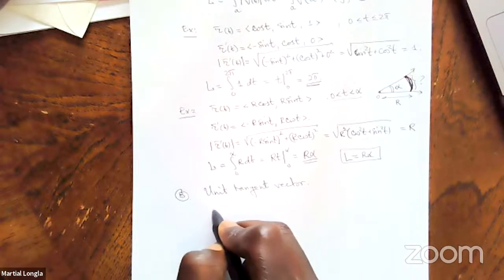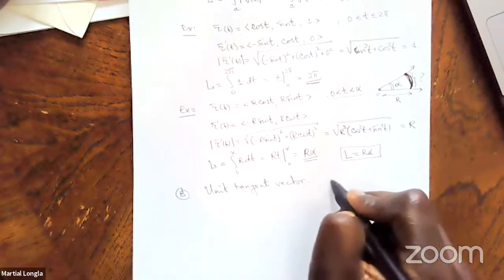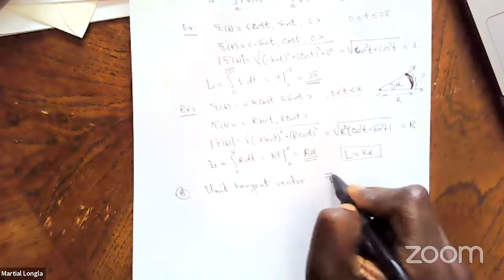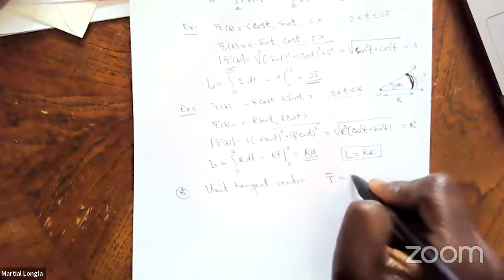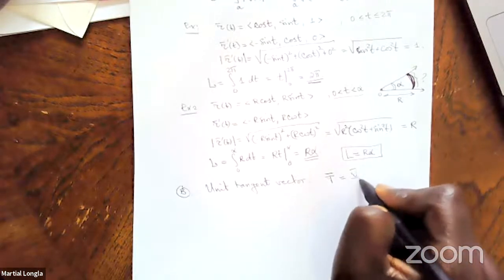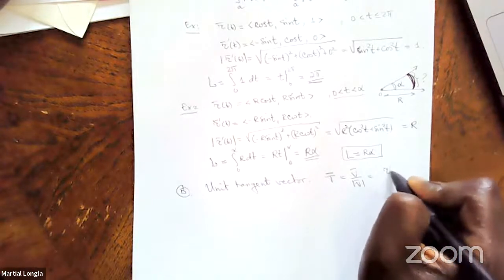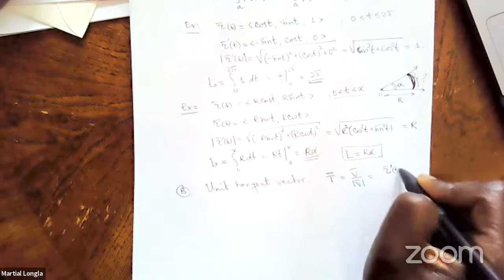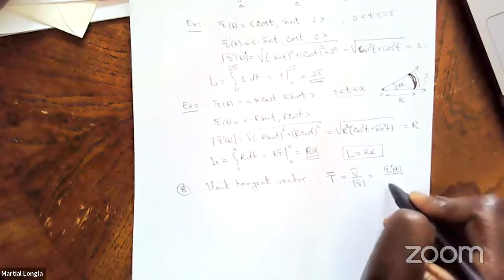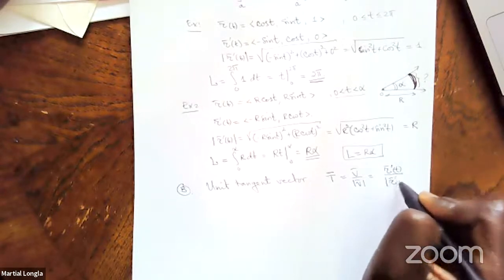So the unit tangent vector is defined as T equals v over the magnitude of v, which is r prime, because v is r prime, divided by the magnitude of r prime of t.